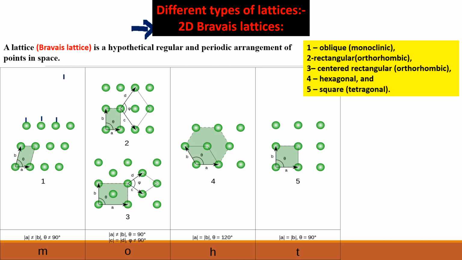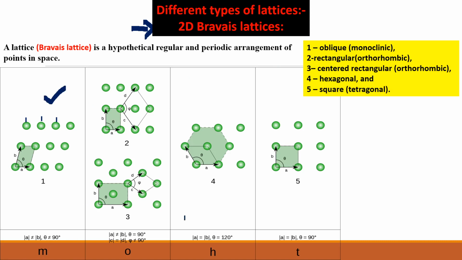The types of 2-dimensional lattice show different behavior for different directions or orientations. The first type is the oblique lattice, which is nothing but a monoclinic structure.